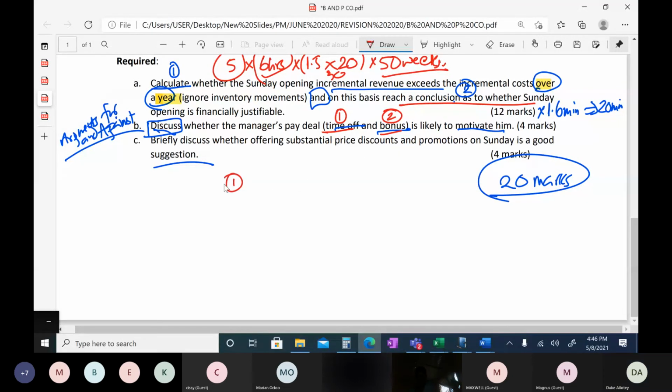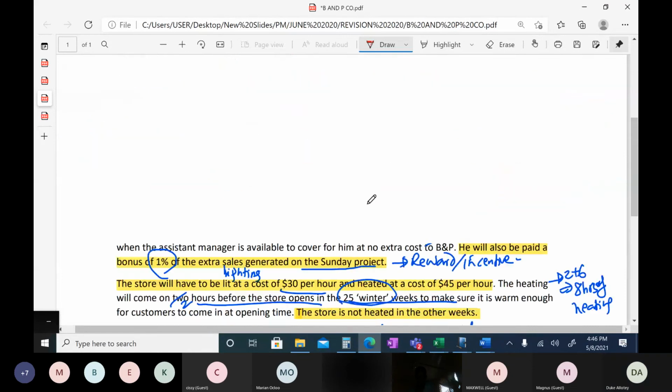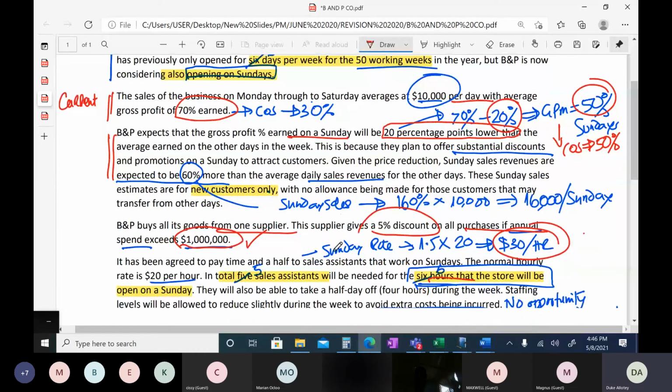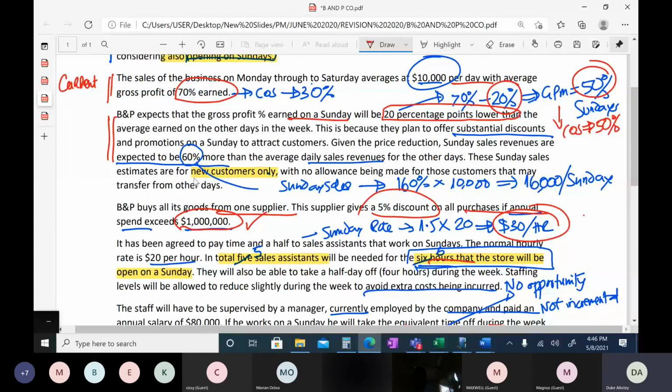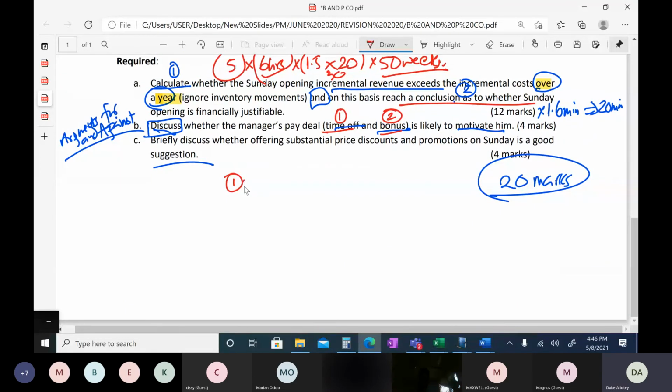one, this discount, we are told, is for new customers only. Don't you think that old customers may feel offended? Okay, so one, old customers are not entitled to this and may feel offended or demotivated.